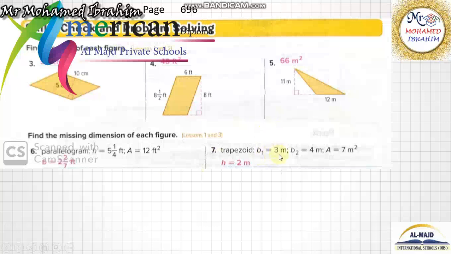First base is 3. 3 plus 4 is 7. So this is 7, the sum of bases. 7 over 2 equals 3.5. 3.5 times what gives you 7? If you divide 7 over 3.5, it will give you 2. So the height is 2 meters.